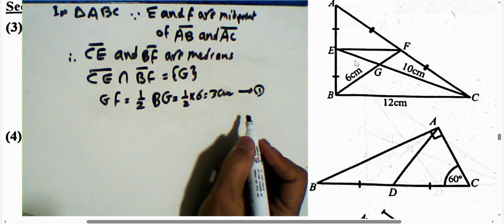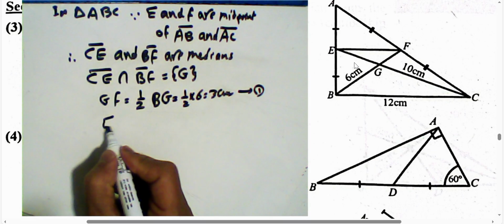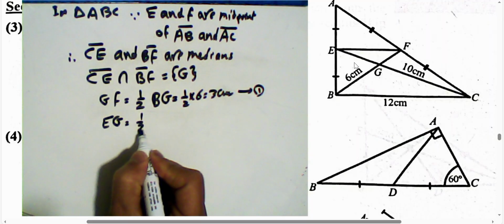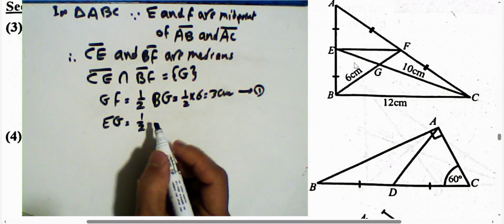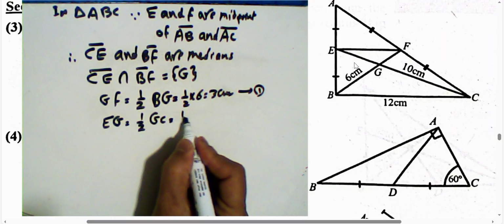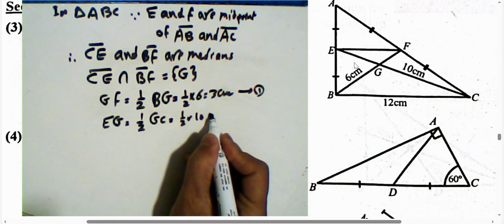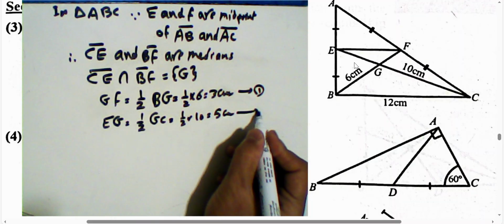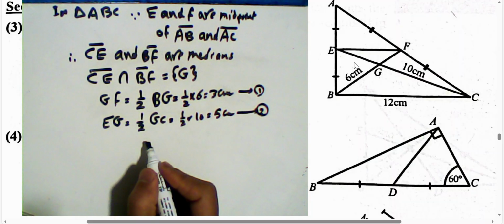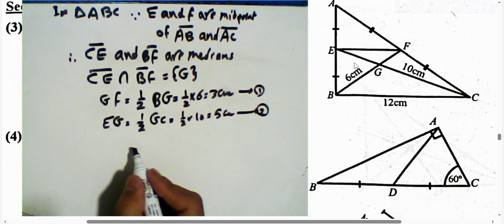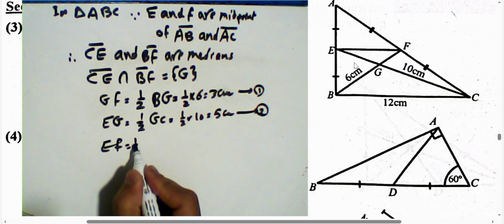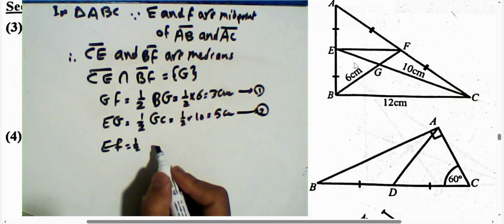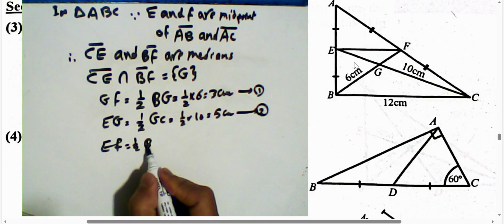GF, and also we can find the length of EG. It will be half of GC, half of 10 equals 5 centimeters. It's relation number 2. And then we have a mid segment. EF is the mid segment. It will be half of the opposite line segment BC.